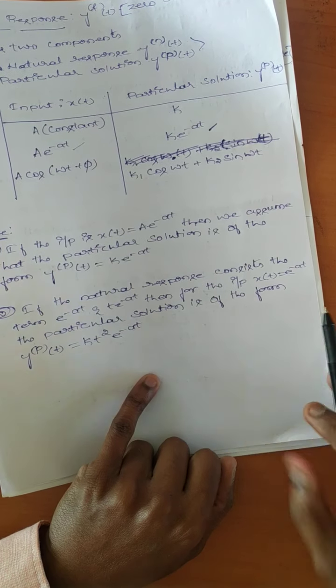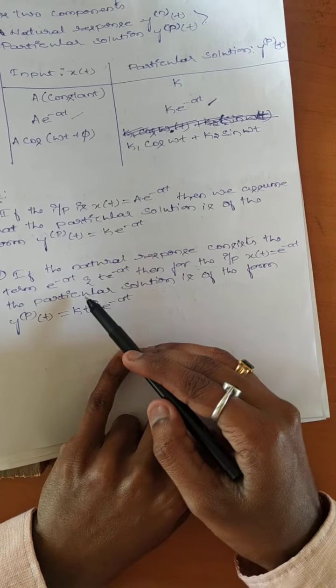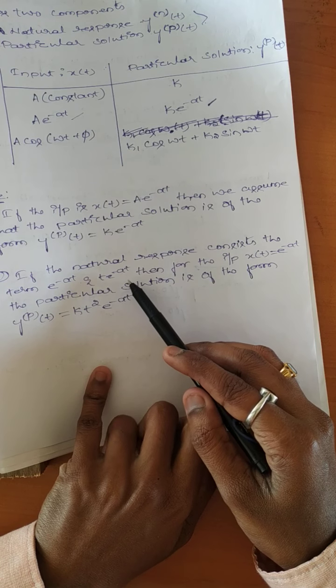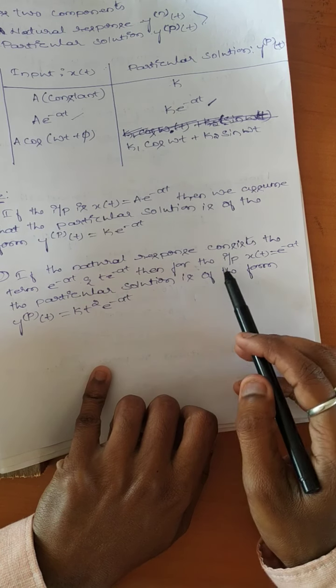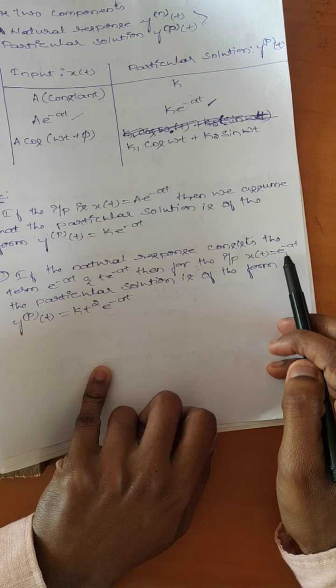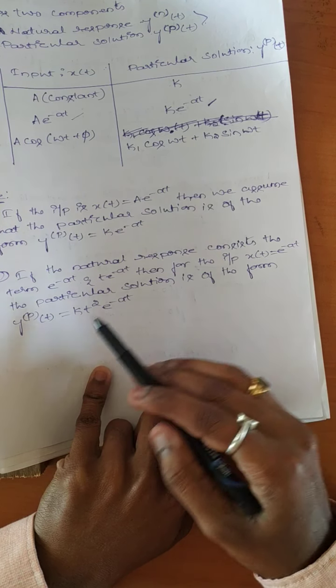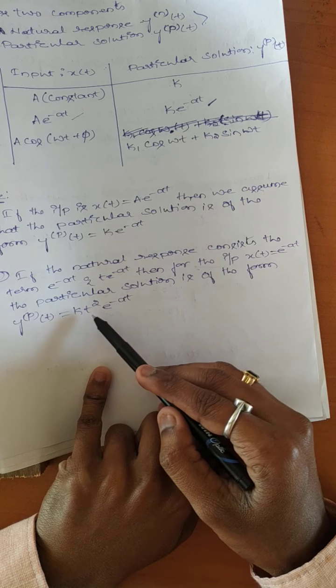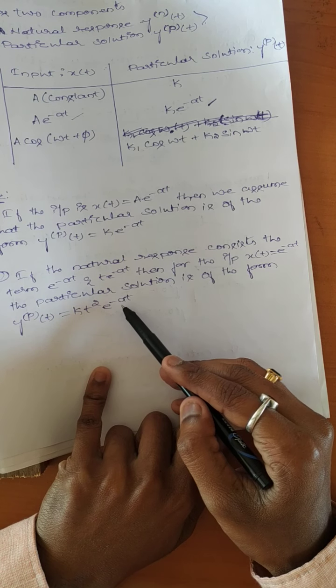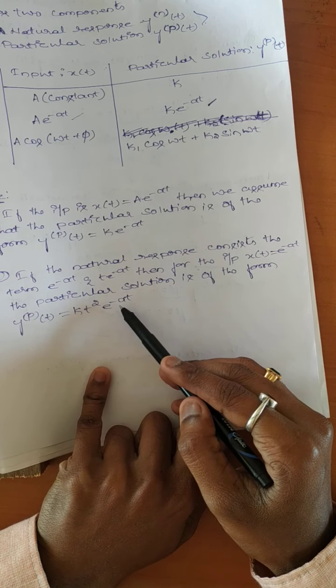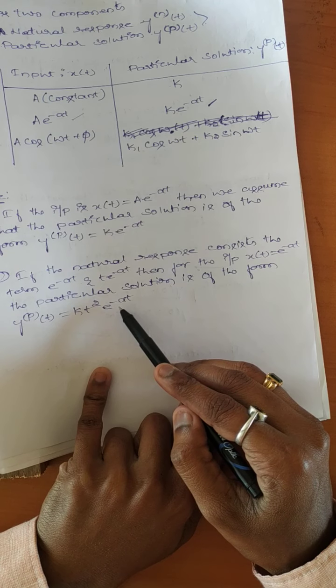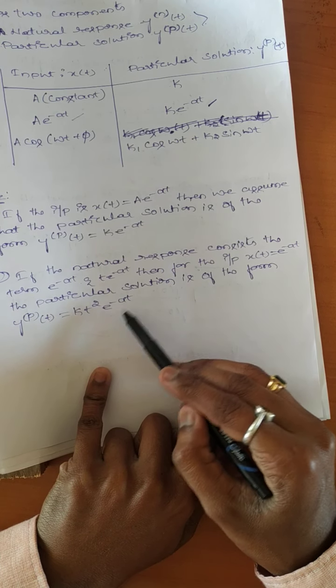The next note is, if the natural response consists of a term e to the power of minus at and t into e to the power of minus at, then for input x of t equal to e power minus at, the particular solution is of the form yp of t is equal to k t square e to the power of minus at. It's just a combination of both, the particular solutions.